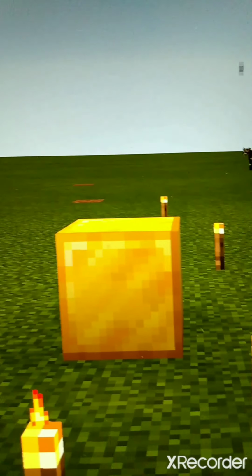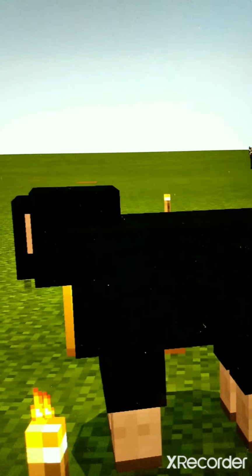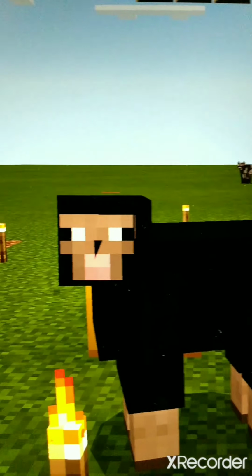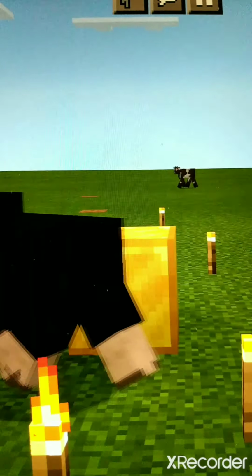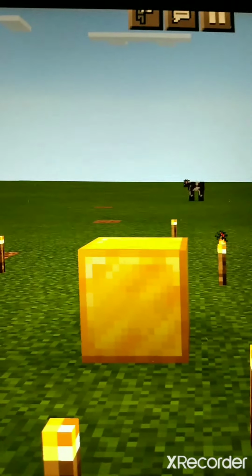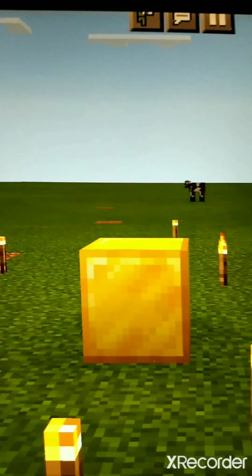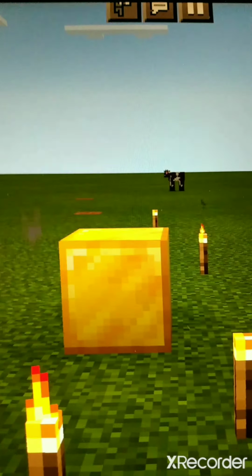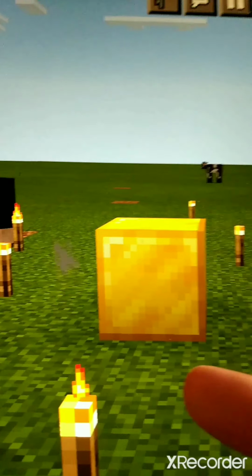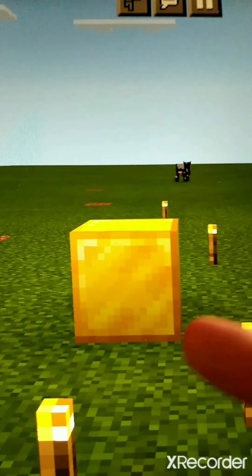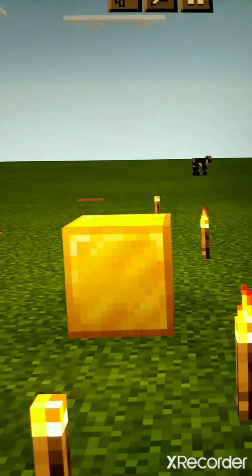If I take that gold block and bring it to the moon with me, its weight is going to change. If I move it to Venus, it'll also change its weight. But the mass will not change, because the number of particles in that object does not change.